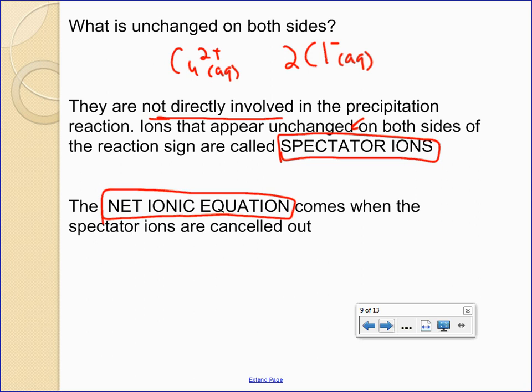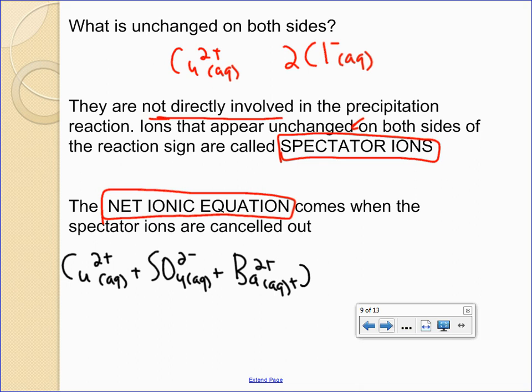So if I take a second and just rewrite out that total ionic equation, we have our copper ions plus our sulfate ions plus our barium ions plus our chlorine ions.